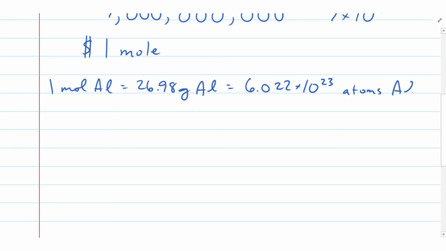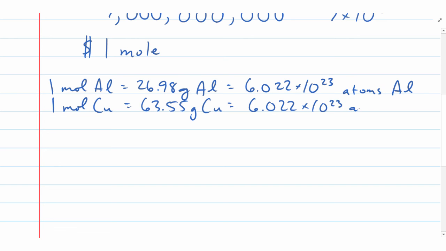Atoms of aluminum. And then I have here 1 mole of copper. In this 1 mole of copper, we have 63.55 grams of copper, and it contains 6.022 times 10 to the 23rd atoms of copper.